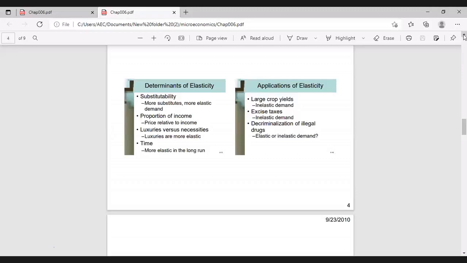If that product's price increases, we reduce the quantity demanded much. So if the product price is a larger portion of our income, then demand will be elastic. If that product's price changes, we will respond more.